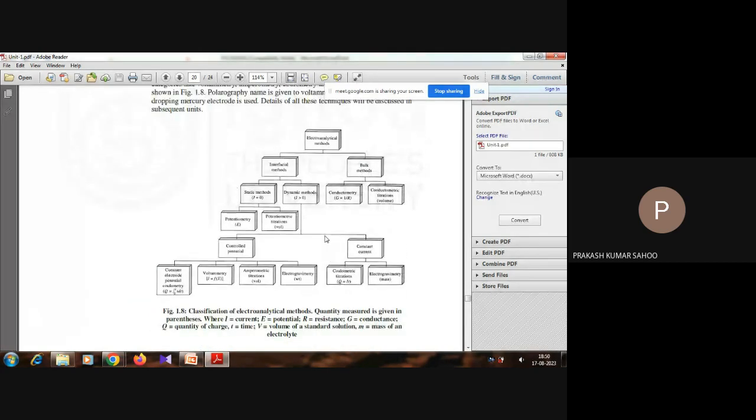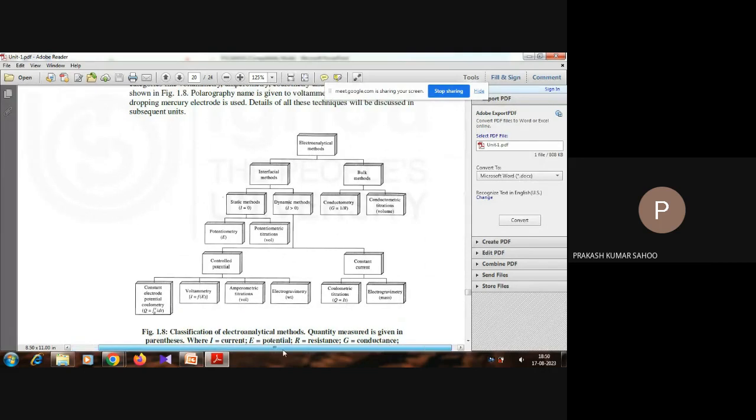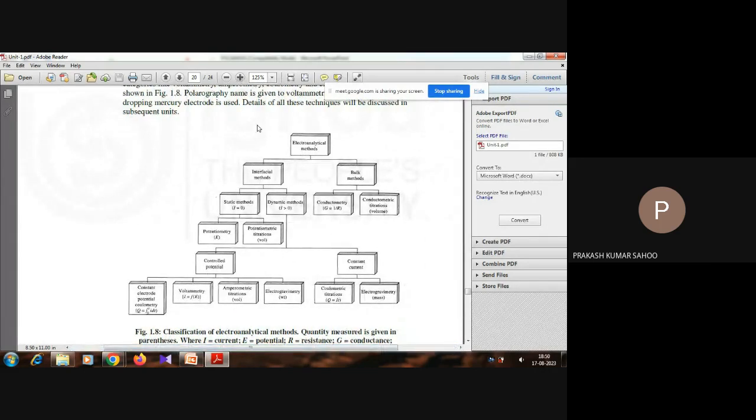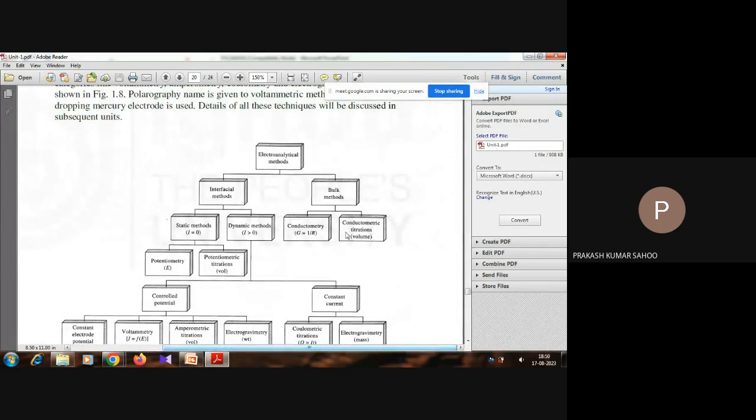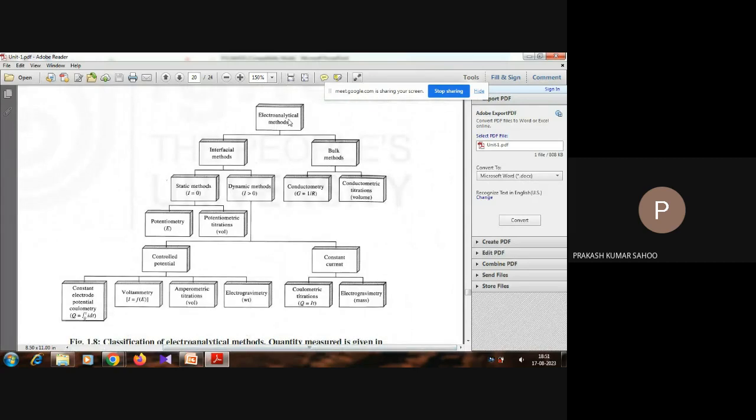Then classification, just see this table, this hierarchy. Electroanalytical methods are mainly of two types: interfacial, meaning surface methods, or bulk methods, meaning depth methods.